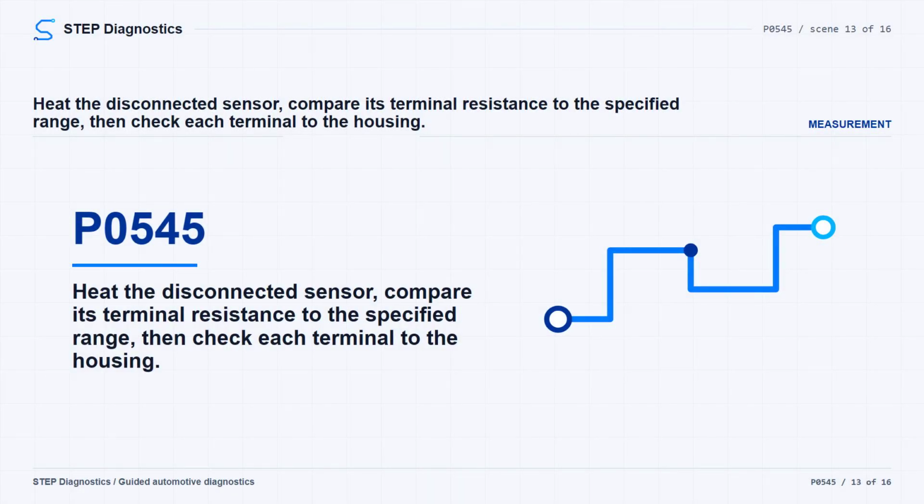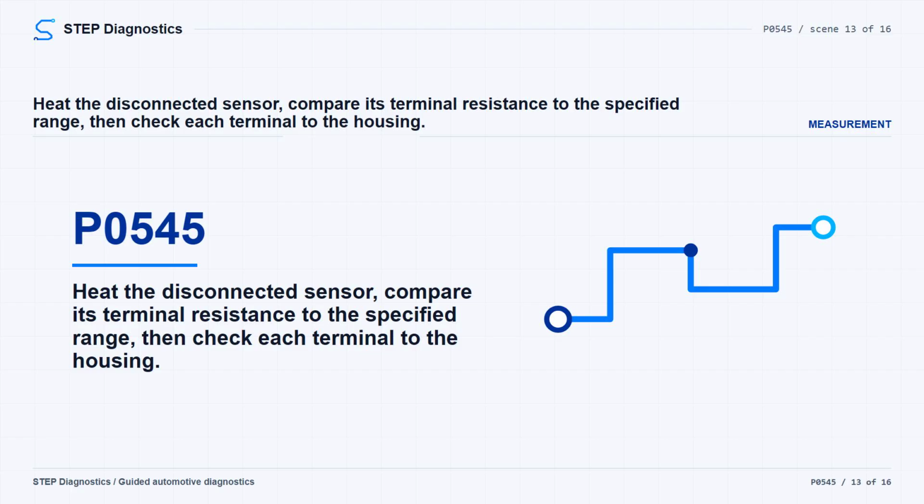For component testing, turn the ignition off and disconnect the appropriate B131 exhaust temperature sensor connector. Heat the sensor using the EL25070 heat gun at 260 to 400 degrees Celsius, or 500 to 750 degrees Fahrenheit. Measure resistance between signal terminal 1 and low reference terminal 2, and compare it to the specified temperature versus resistance range.